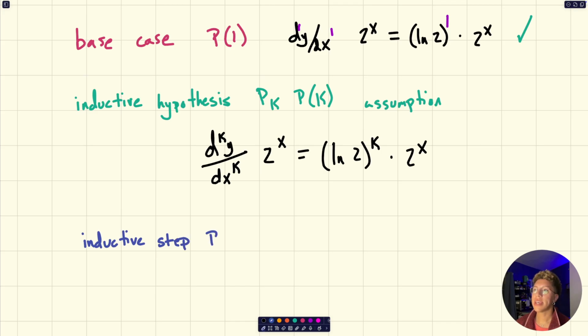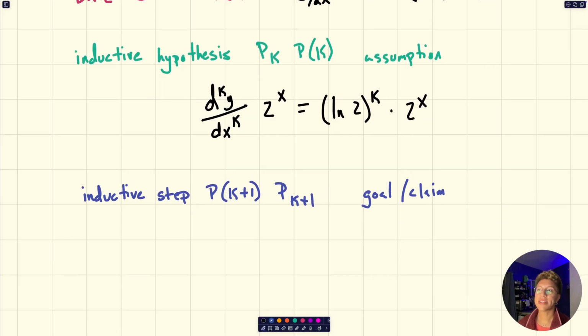And this, of course, is our k plus 1 case, or P sub k plus 1, the case right after our k case, our consecutive case. And we say this is our goal, or our claim, what we're trying to prove.